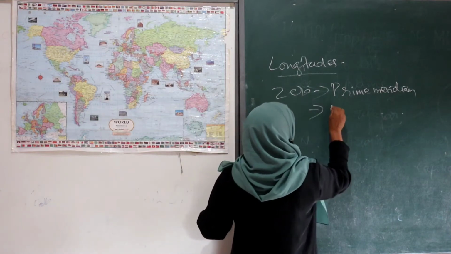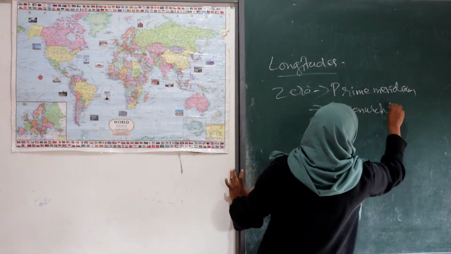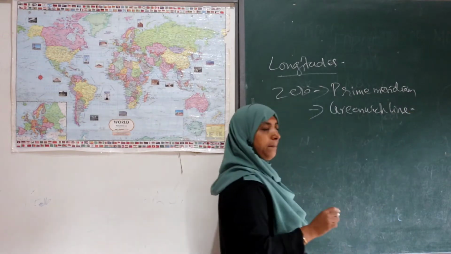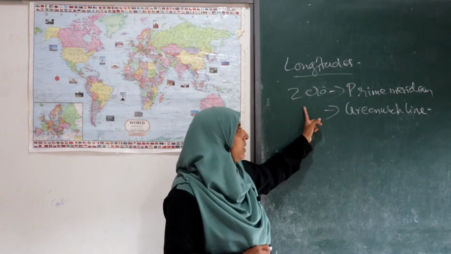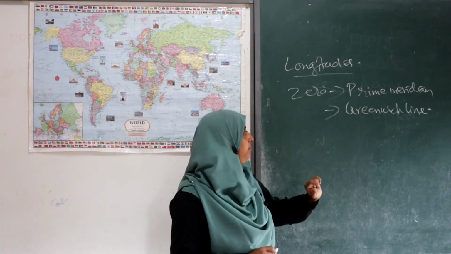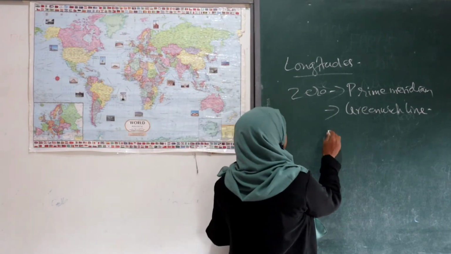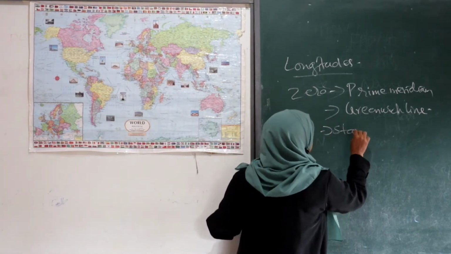It is also known as the Greenwich line. Zero degree longitude is known by different names. First one, prime meridian, or we can call it the Greenwich line, or there is one more name, it is known as the standard meridian.